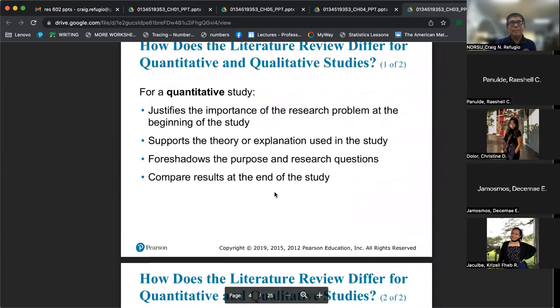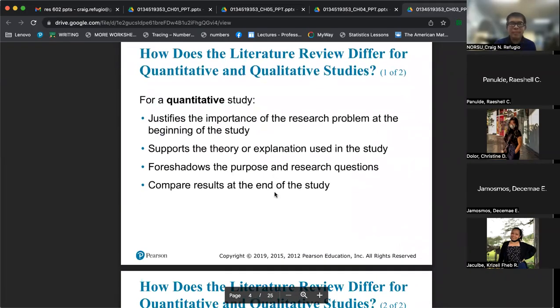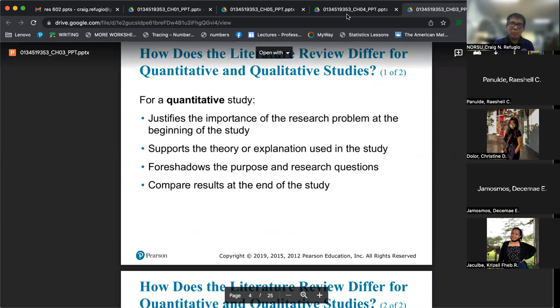For a quantitative study, it justifies the importance of the research problem at the beginning of the study, supports the theory or explanation used in the study, and foreshadows the purpose and research questions. It is also used to compare results at the end of the study. So when you are done with your study, you are going to compare your findings with previous studies based on your review of the related literature.